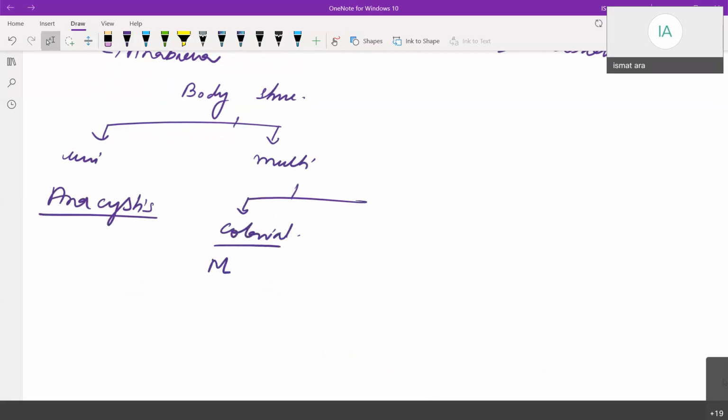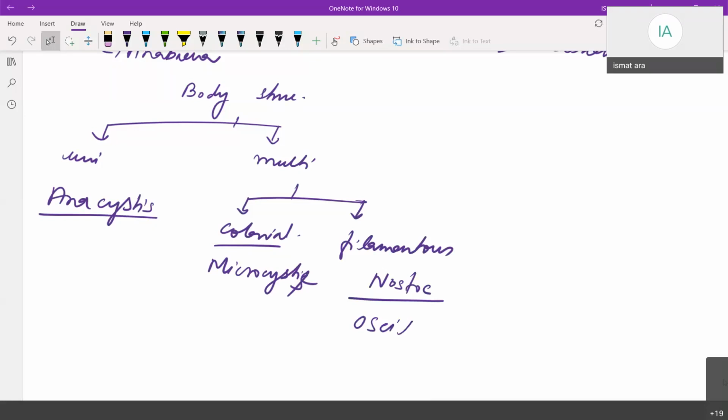An example of colonial is Microcystis. And examples of filamentous are Oscillatoria and Anabaena. These are examples of filamentous blue-green algae.